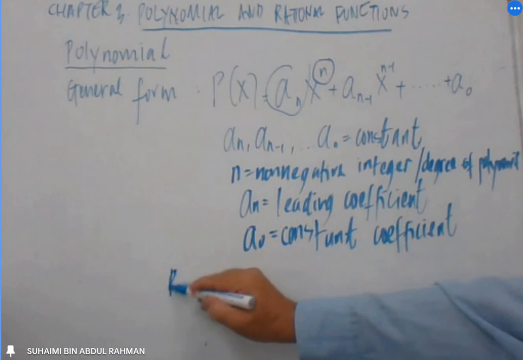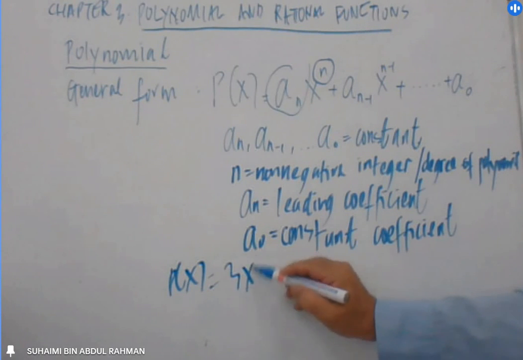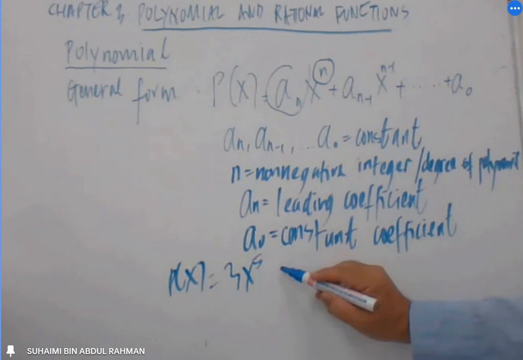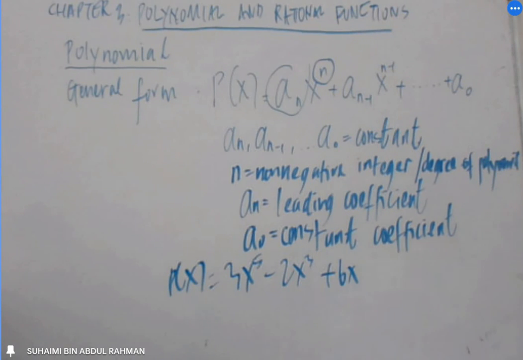For instance, one polynomial: 3x to the power of 5 minus 2x to the power of 3 plus 6x. Is that P(x) a polynomial? No, sir. Why no?